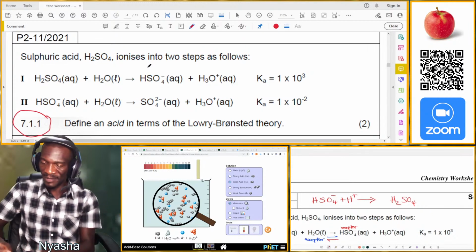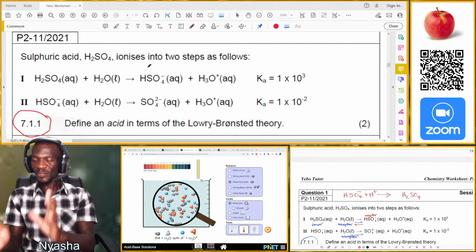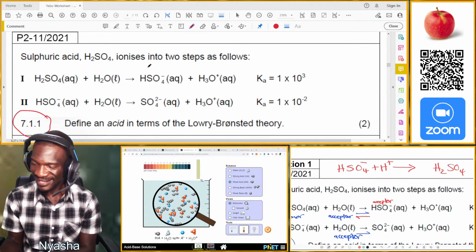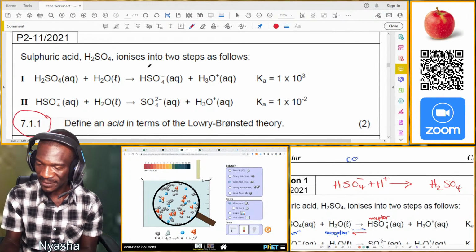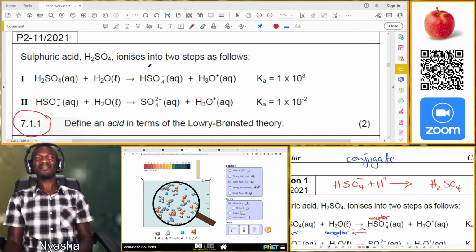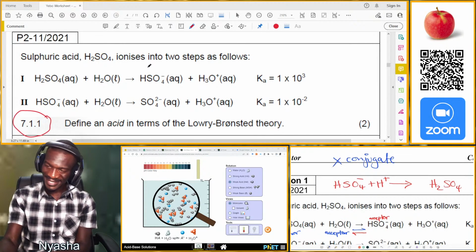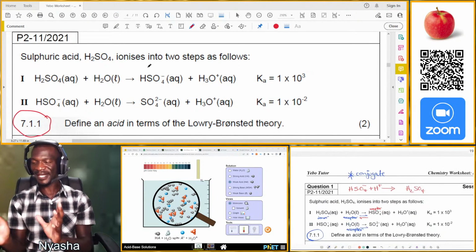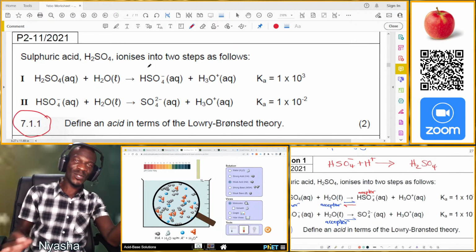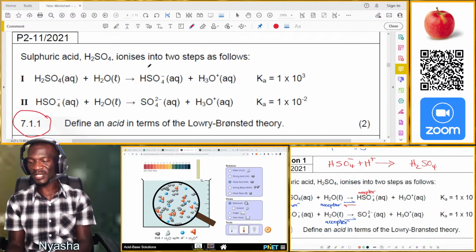Now, when you are looking at this chemical reaction, can you see something that relates to this word? I'm tempted. Please go and read and try and explain which is the conjugate acid, which is the conjugate base. Please look at what is taking place in these two chemical reactions.